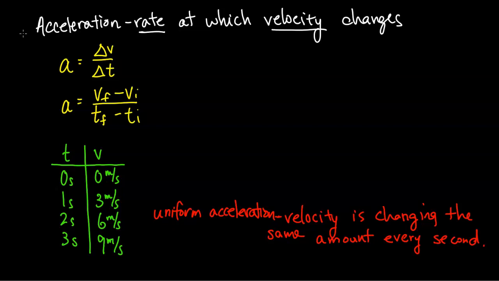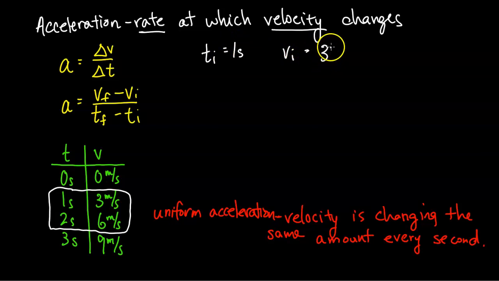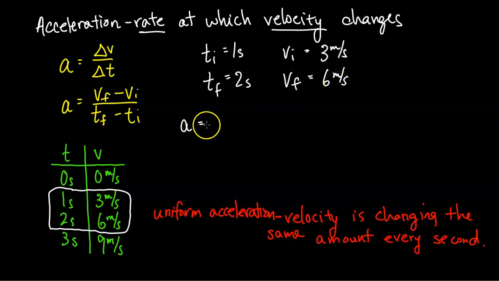Now, let's try to figure out the acceleration from 1 to 2 seconds. So the initial time is 1 second. The initial velocity at that time is 3 meters per second. The final time is 2 seconds. And the final velocity at that time is 6 meters per second. So we're going to plug it into our equation.